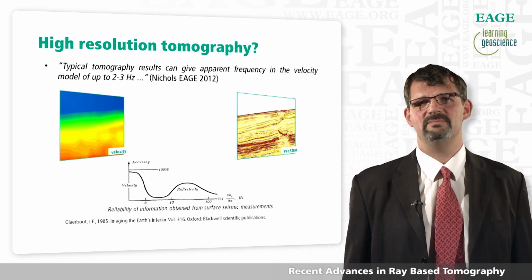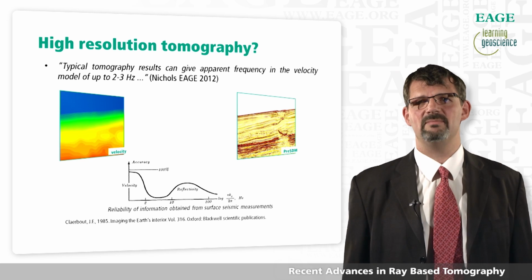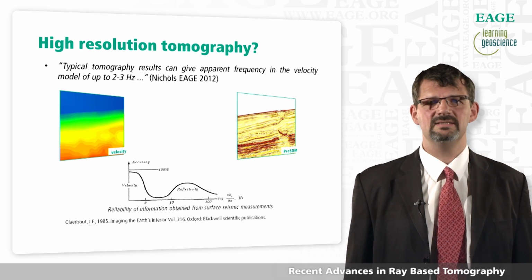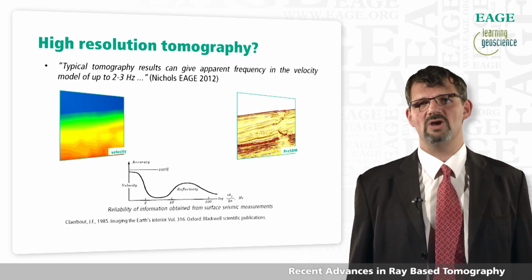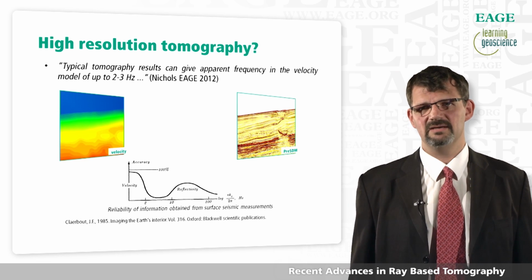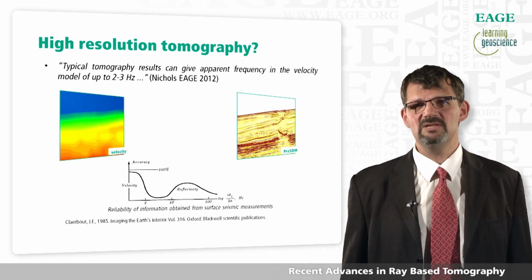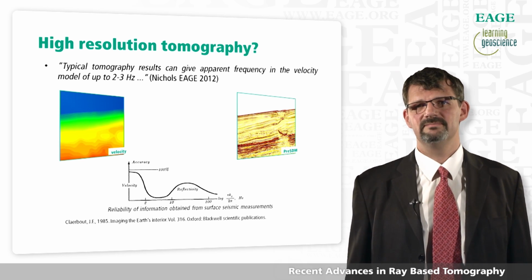So you have this very famous sketch by John Claerbout, where you see the resolution in terms of vertical frequency obtained with velocity analysis, and the resolution that can be obtained from the amplitude of the seismic trace within the reflectivity bandwidth. And you see between the two, between 2 and 10 Hz, there is a gap.